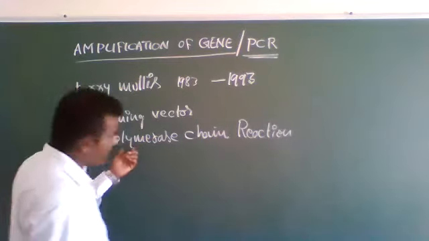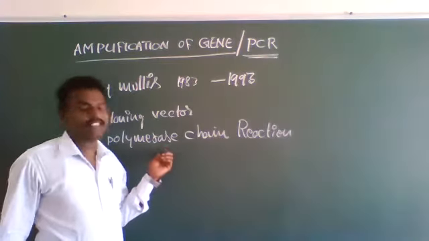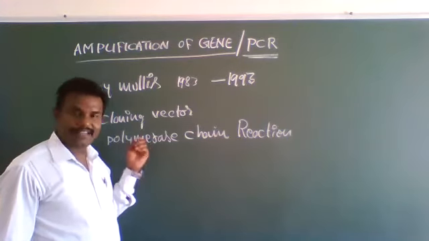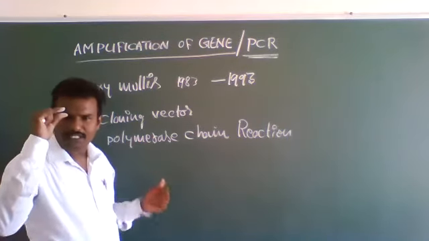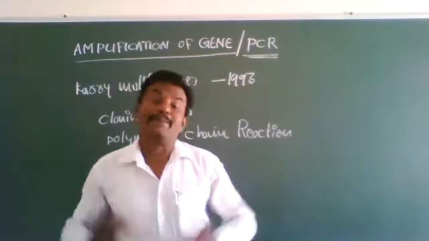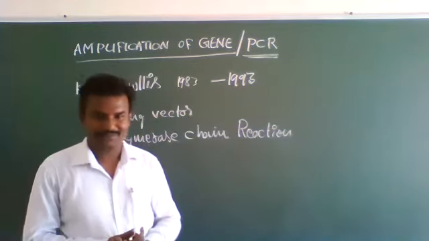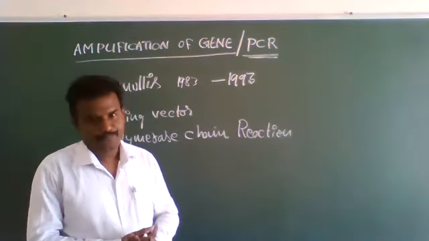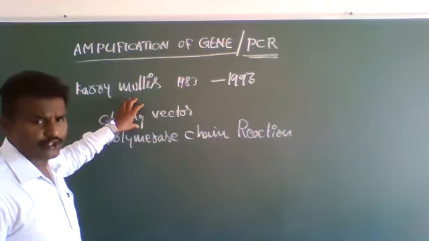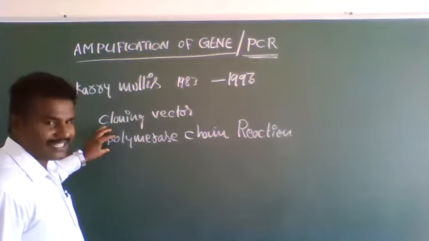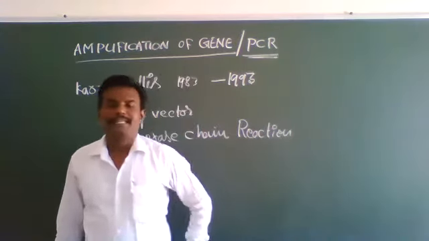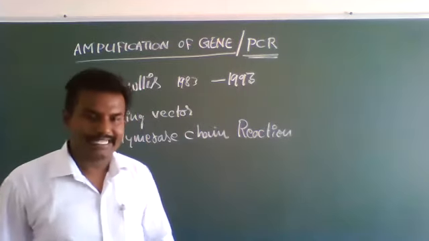But the other is a quicker and far better technique: within a short span, within a few hours, we can produce billions and trillions of copies of the desired gene.